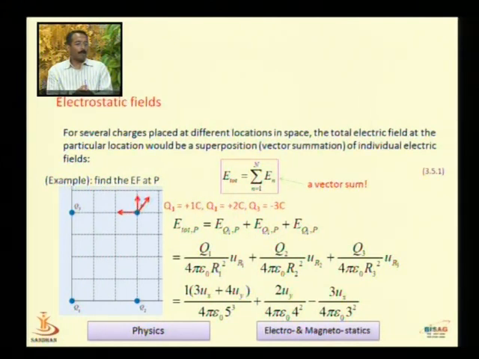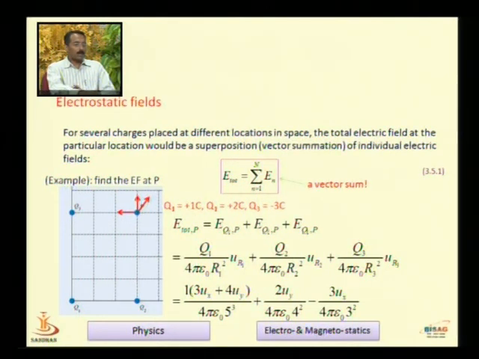And if you carry out the sum to find the total electric field, then the total electric field is given by this last equation, right? So ux and uy are nothing but unit vectors along the x-axis as well as along the y-axis.